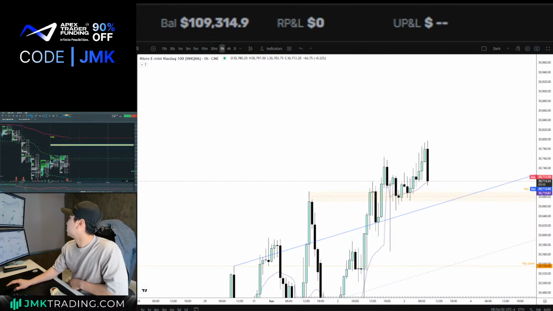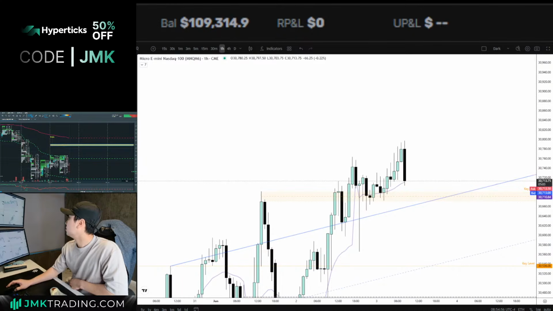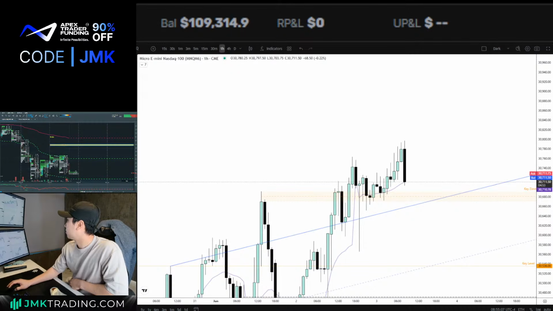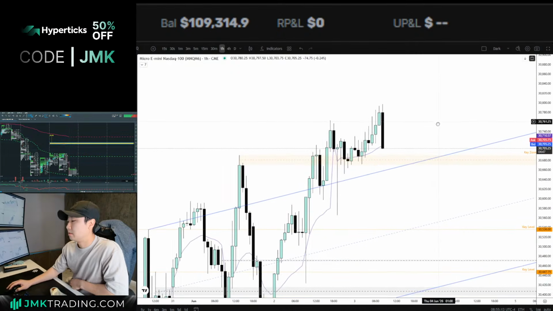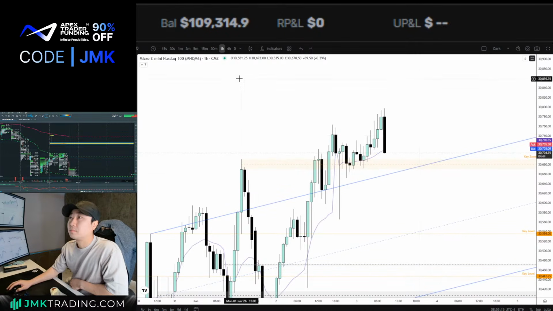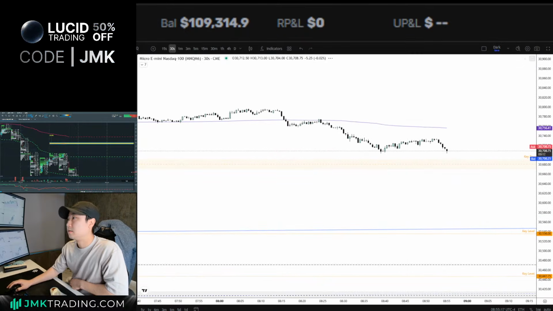Our EMAs have just flipped bearish on pretty much the last 5-minute candle, so we'll see. I do want this. I think this would be very healthy if this came down to at least the 5-day moving average. That'd be a pretty decent pullback for us. So I think that'd be pretty nice.